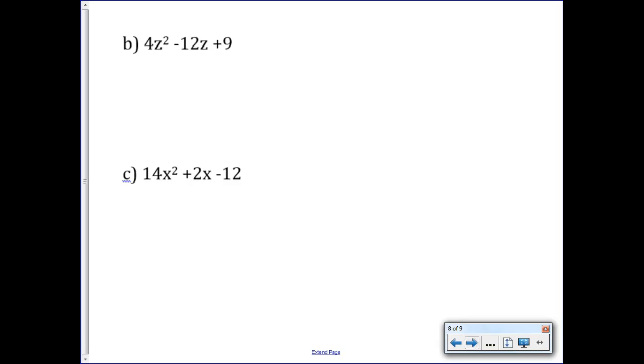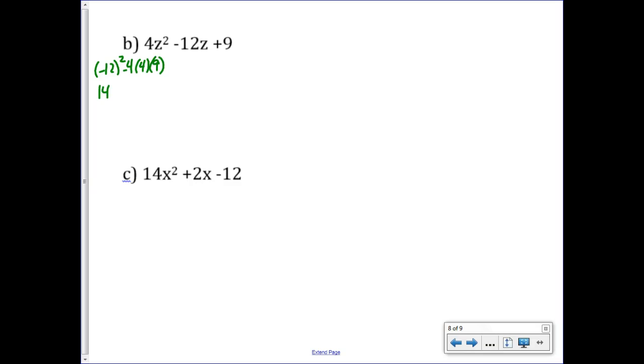Let's try another. So first we want to determine, is this factorable? So b squared minus 4ac. So I get negative 12 squared minus 4 times 4 times 9.